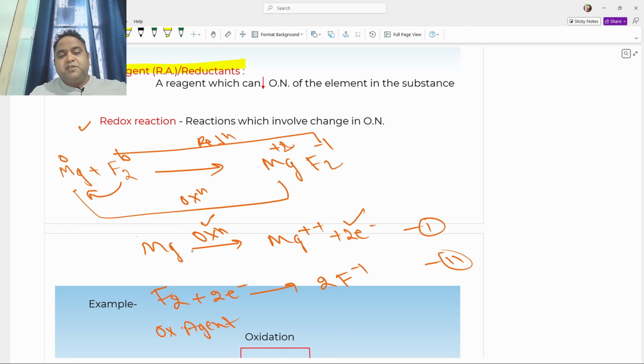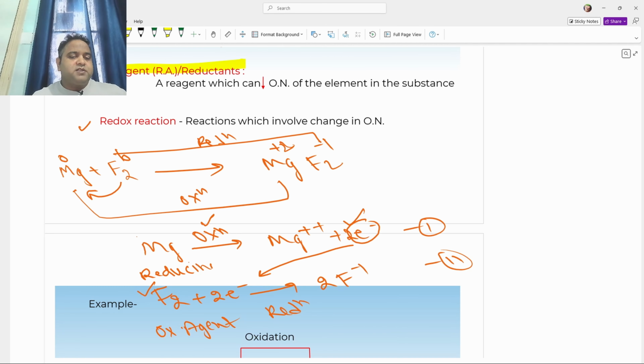When we talk about the magnesium, let us assume that if magnesium had not given this electron, then fluorine cannot be reduced. Magnesium has given this electron, then only fluorine undergoes reduction. The reduction of fluorine is possible only because of the electron of magnesium. So magnesium is going to be the reducing agent.